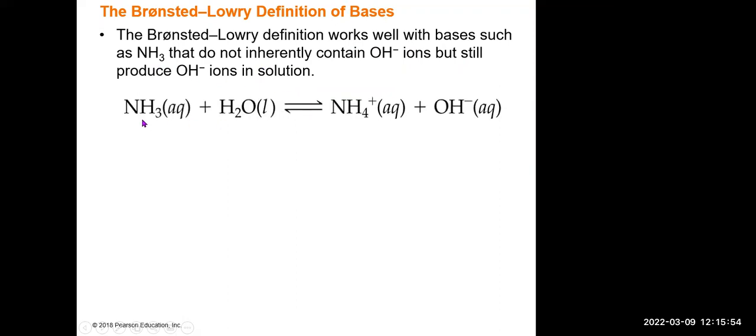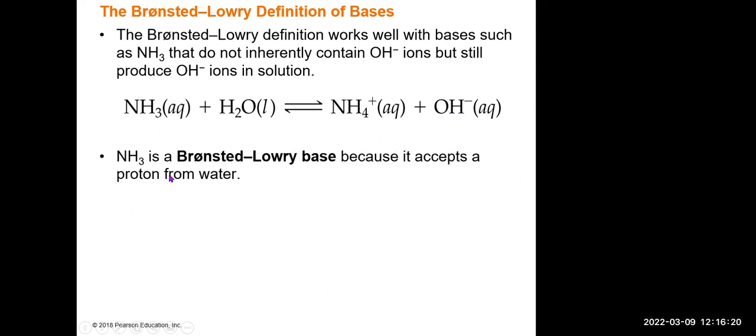So we can see this equation: ammonia NH3 (aq) plus H2O (l) produce NH4 plus and hydroxide. So in this process, NH3 takes one H plus away from water, turns into NH4 plus, and makes water turn into hydroxide. Therefore, we say in this reaction, NH3 is a Bronsted-Lowry base because it accepts a proton from water.